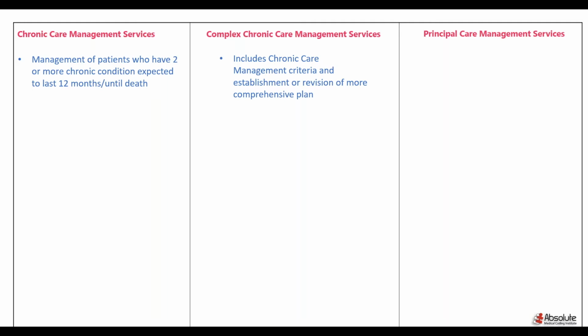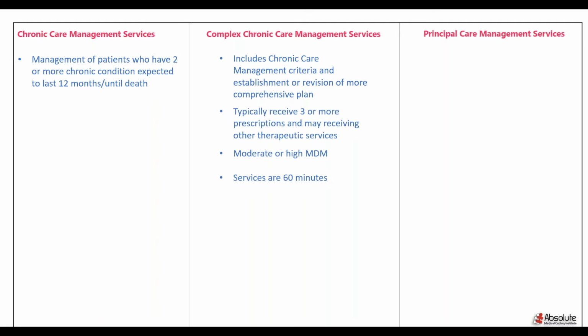Complex chronic care management includes chronic care management criteria and establishing or revision of a more comprehensive plan, typically for patients who receive three or more prescriptions and may receive other therapeutic services. Moderate or high MDM services are 60 minutes, reported once monthly.